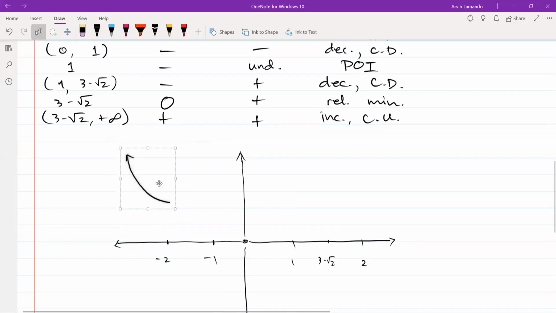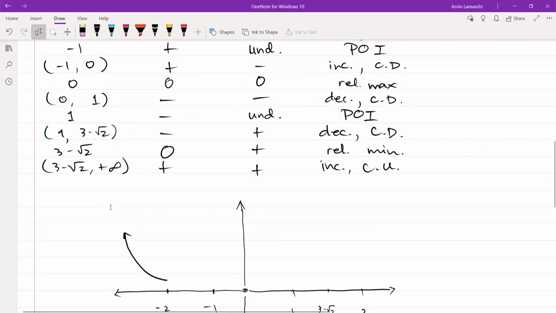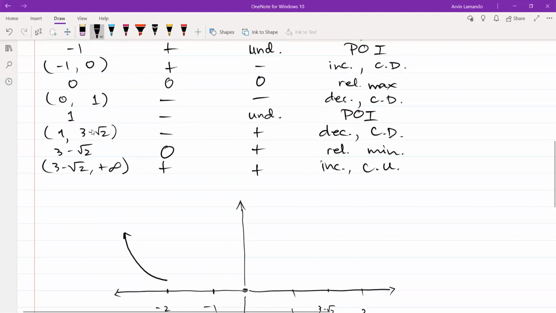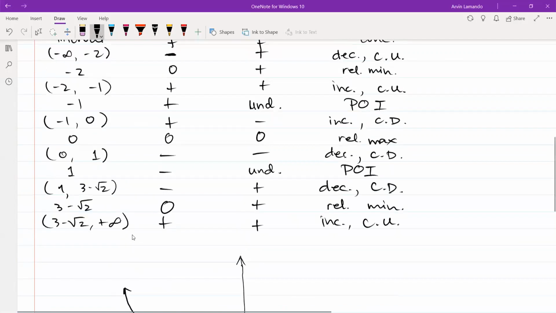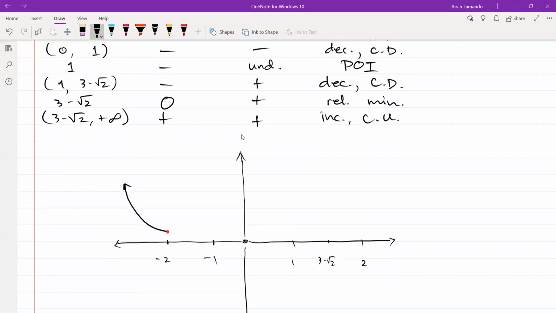So anyway, you can translate it around here or here. Doesn't really matter. So we have a relative minimum at x equals negative 2. Then from negative 2 to negative 1, it's increasing, but it's still concave upward.